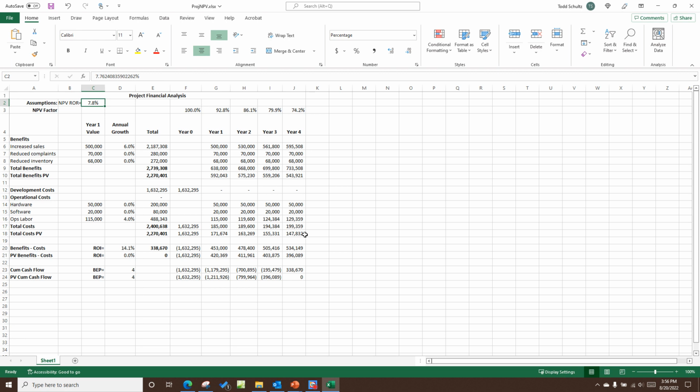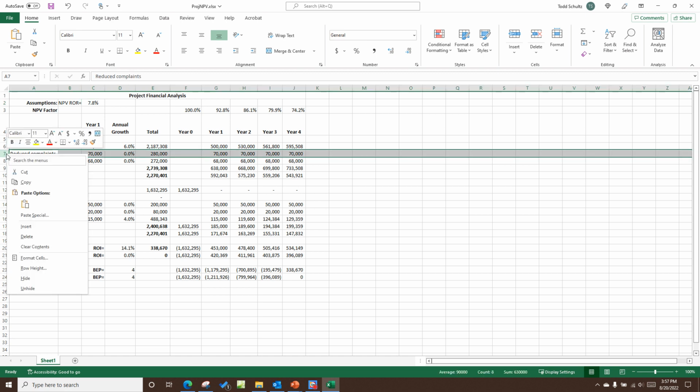Once you have the spreadsheet, not only does it make a great presentation if you're doing this for real, but it's a good way to look at some what-ifs. And I know your problem maybe doesn't have as many rows, but the nice thing is you can just right click on the front of a row and delete the whole row.